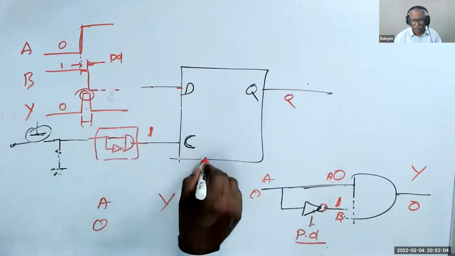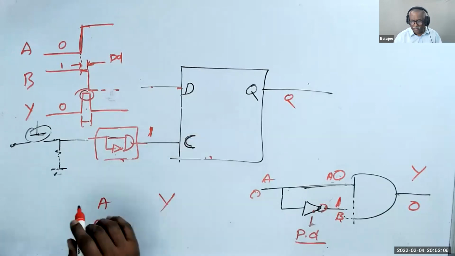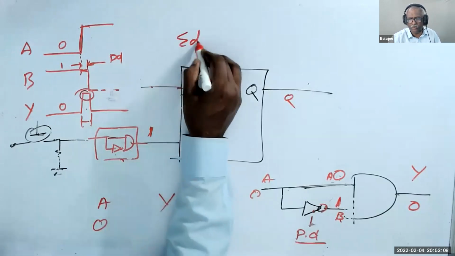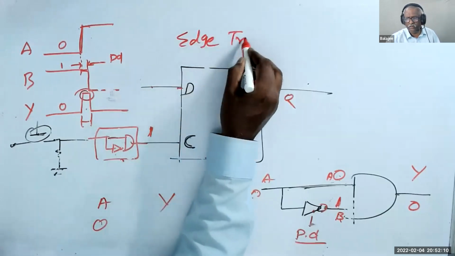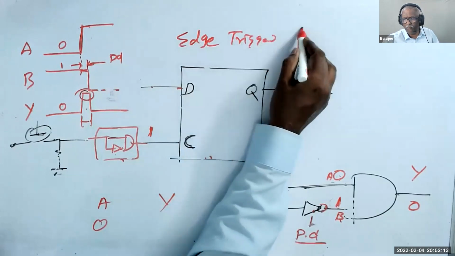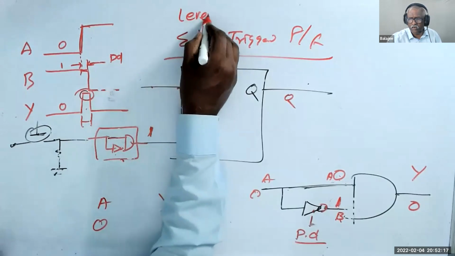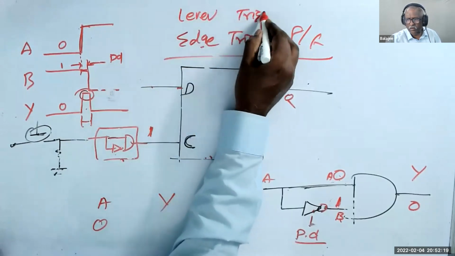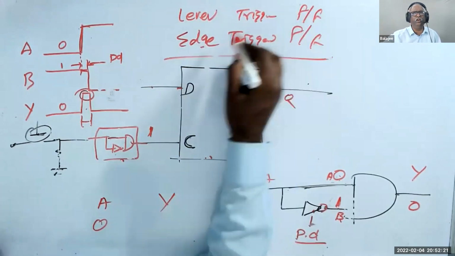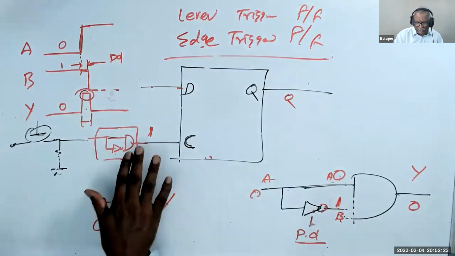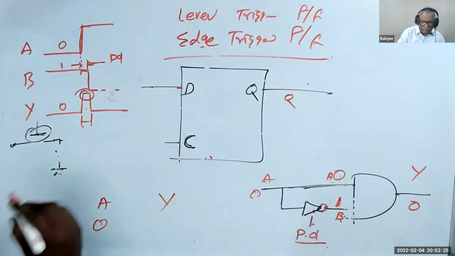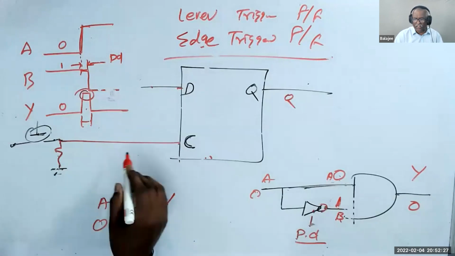This is called, normally we draw it like this, an edge triggered flip-flop. You understand what is called a level triggered flip-flop and an edge triggered flip-flop. If I don't have the circuit, then that is called level triggered.